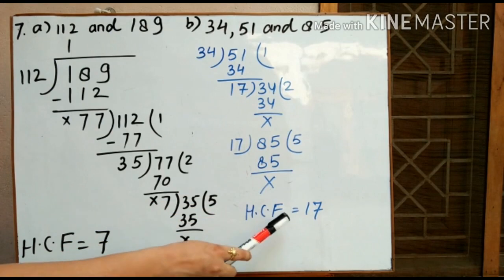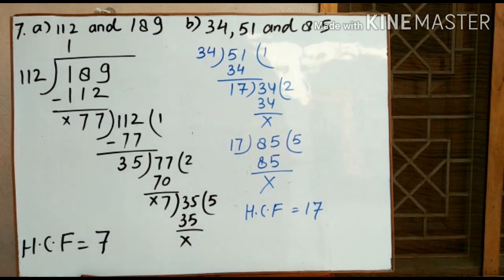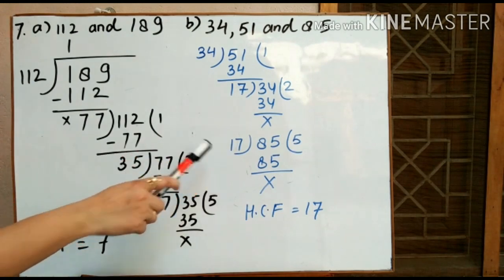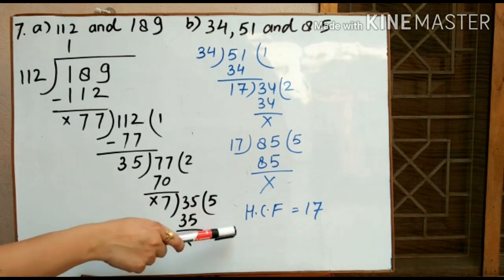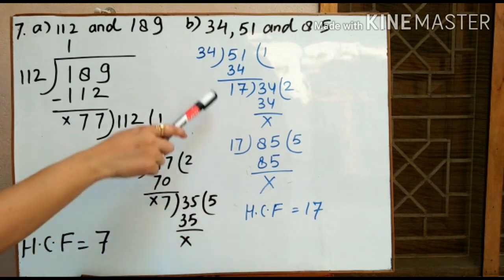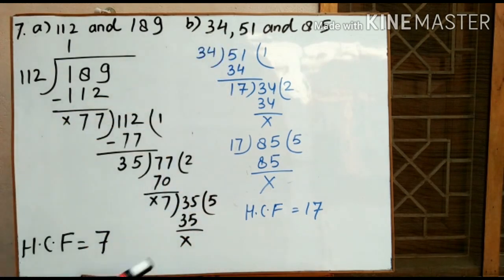That's why HCF is equal to 17. In division method, the HCF of given number will be last divisor of the number. What is the last divisor? That is 17. That's why HCF of 34, 51 and 85 is 17.